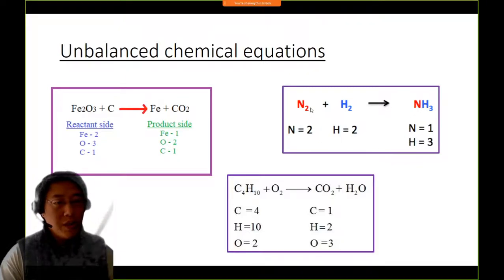What you need to do is list the number of elements, and you can see that the reactant and the product are not equal. You have 1 nitrogen on the product side, and you have 2 nitrogen on the reactant side, so it's unbalanced.